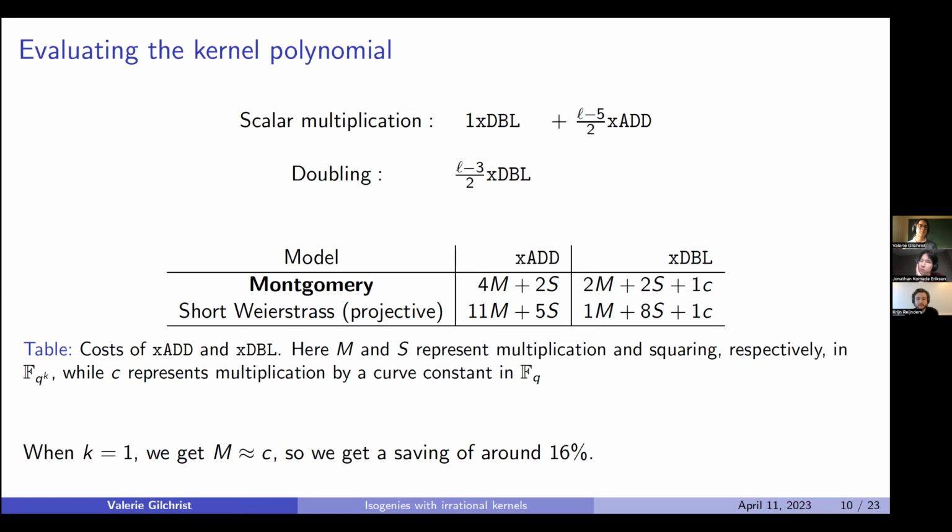Maybe that's a bold claim, but in many instances at least. So you should always get some amount of improvement, but using something like Montgomery will probably give more improvement. But if you're working in something that's already short Weierstrass, I don't think it would ever be worth it to quickly convert to Montgomery to do the doublings and then convert back. So the model you choose will have a big effect on whether this would be worth it or not.